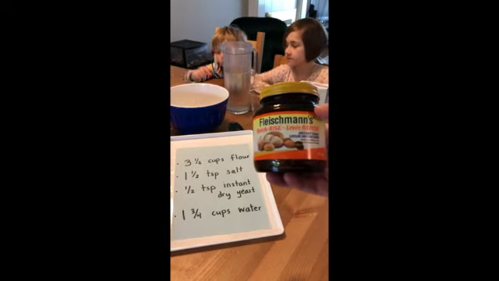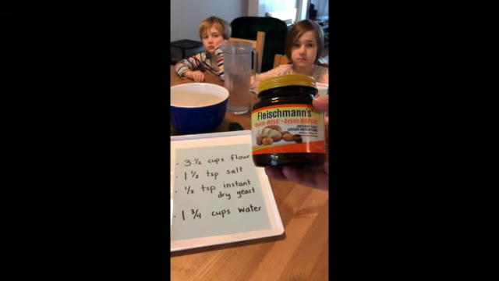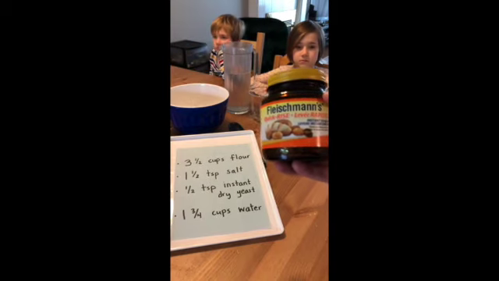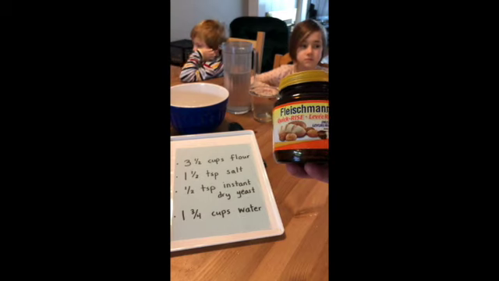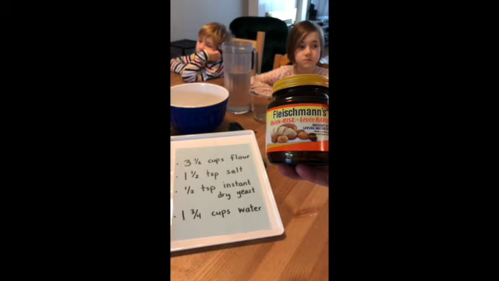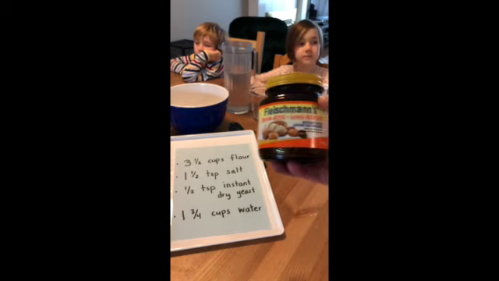Please don't worry about going out of the house to get yeast. It's actually really hard to find, and I don't want you trying to find ingredients that you don't have. So if you don't have any yeast, that's cool. Just watch the video, and then I'll try to put another recipe up for you guys to try if you don't have any yeast. But this one we're going to try with yeast, so we can see yeast in action. Yeast is really cool, and let's get down to the recipe. You can learn more about yeast in the video.